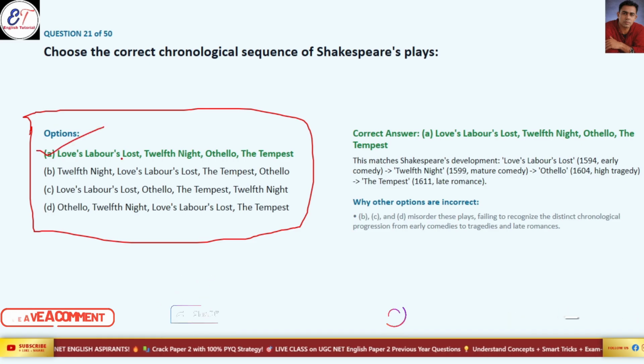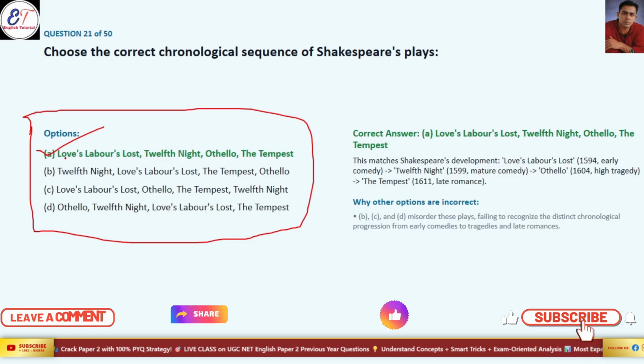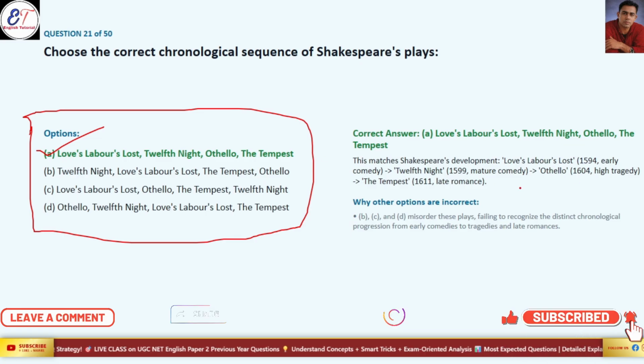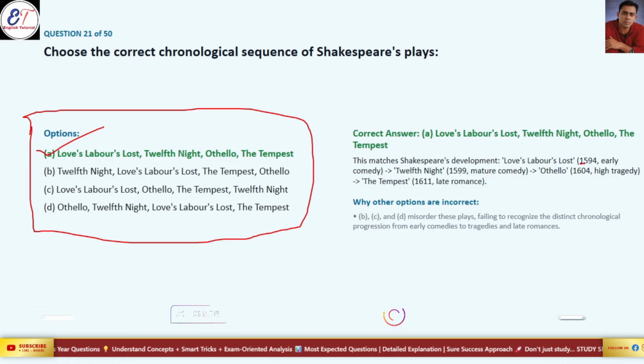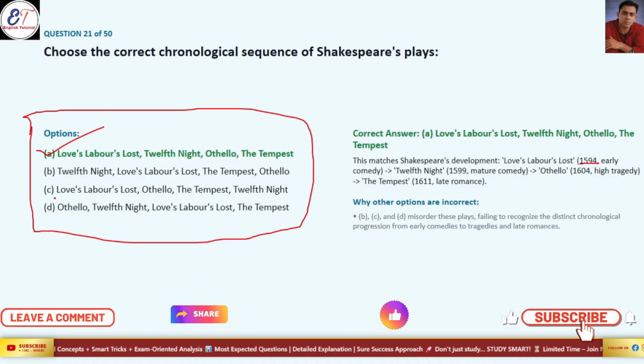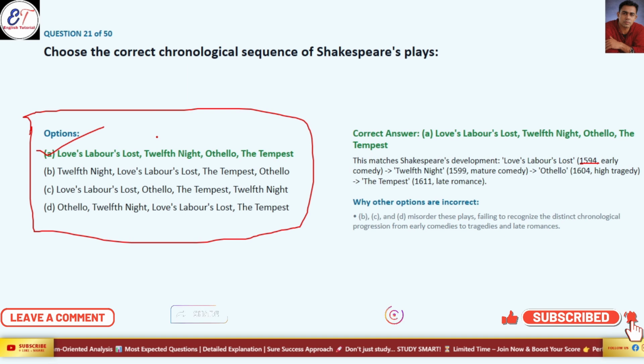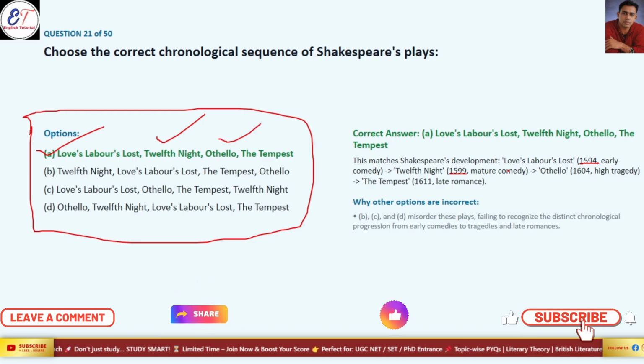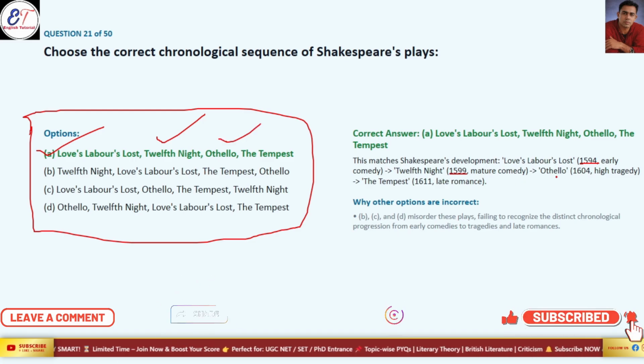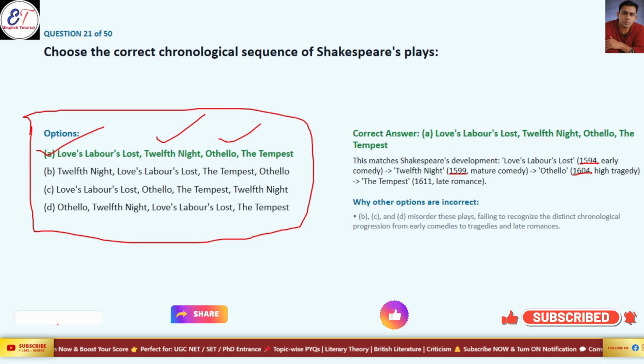The first option is our correct answer, because Love's Labour's Lost was published in 1594. Then Twelfth Night was published in 1599. Then Othello was published in 1604.